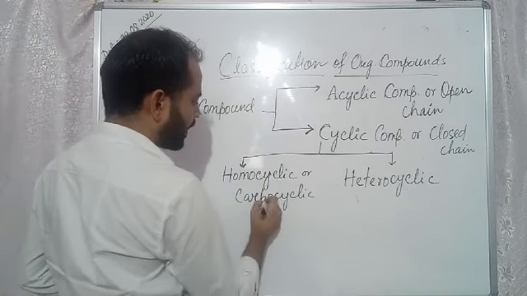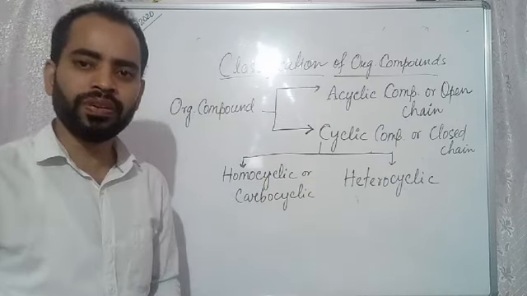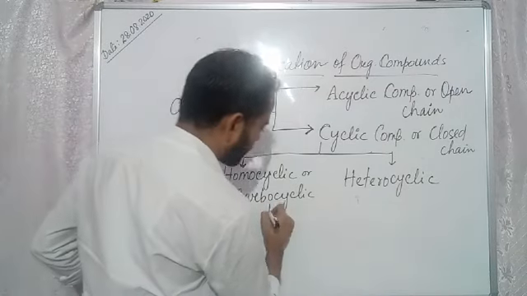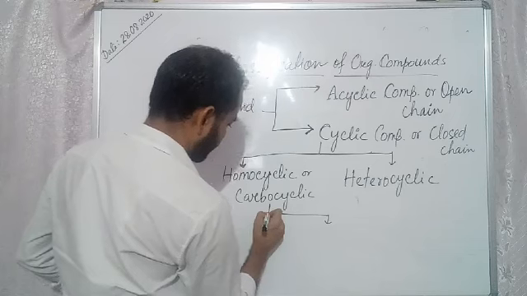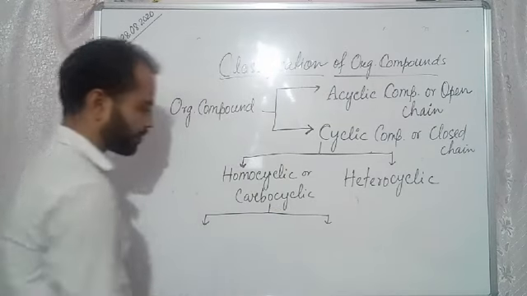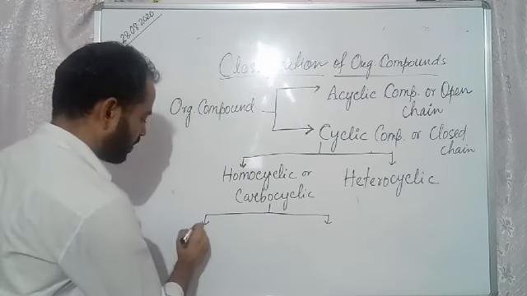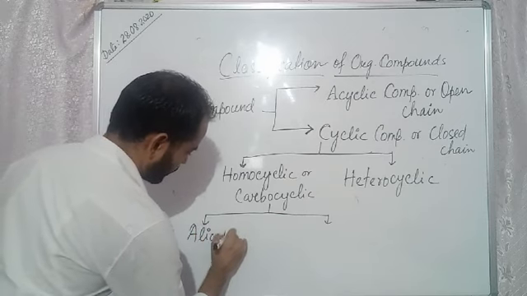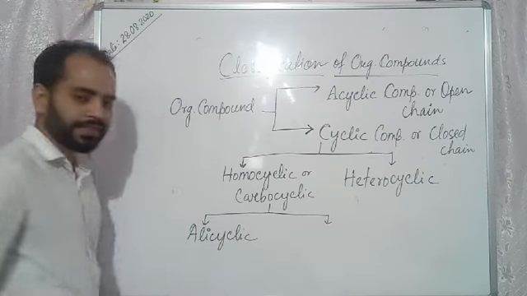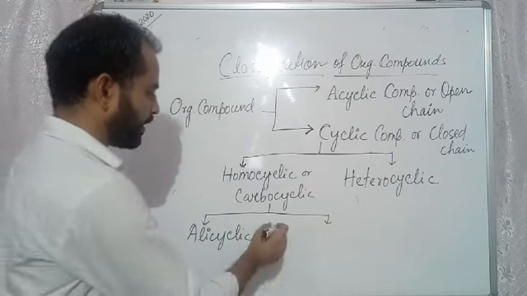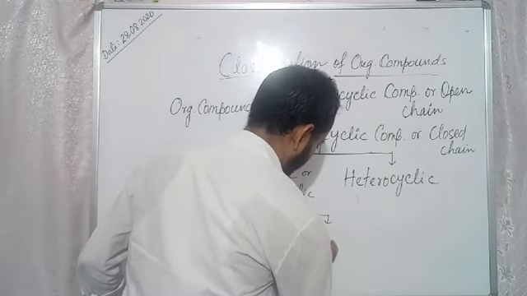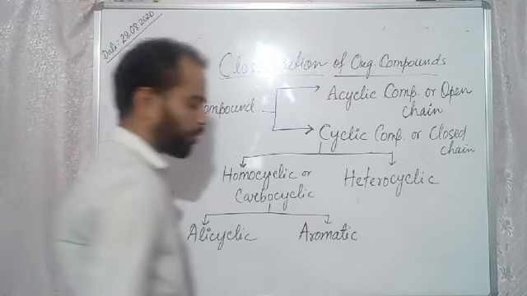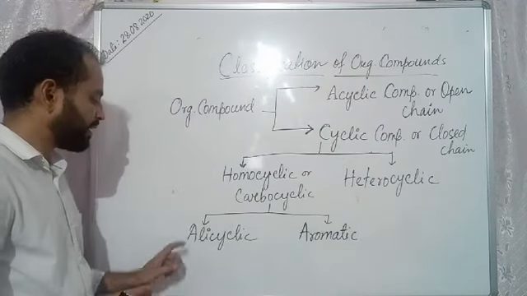This homocyclic or carbocyclic compound can be further divided into two categories. What are those? First one is called alicyclic compound and another one is aromatic compound.